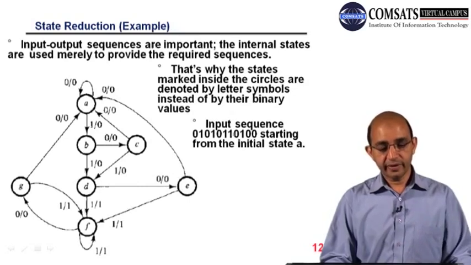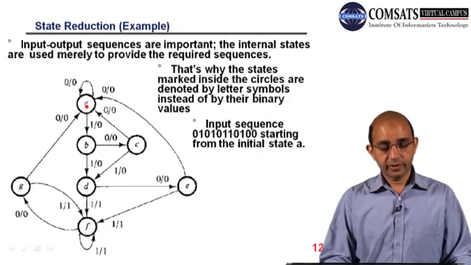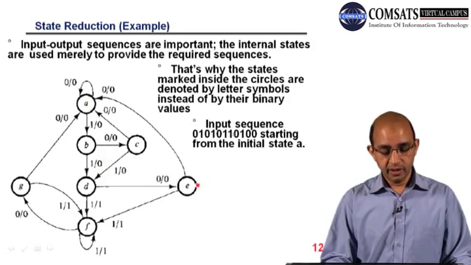Here we have an example. You can see that we have a state diagram with different circles mentioning the states. Instead of putting values for state representation, we have named those states with different letters: A, B, C, D, E, F, G. We have arrows that show the transitions, and different values mentioning the input and the output.